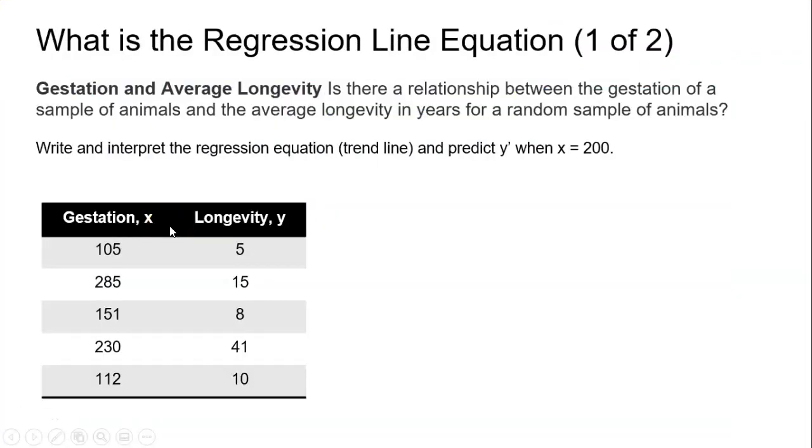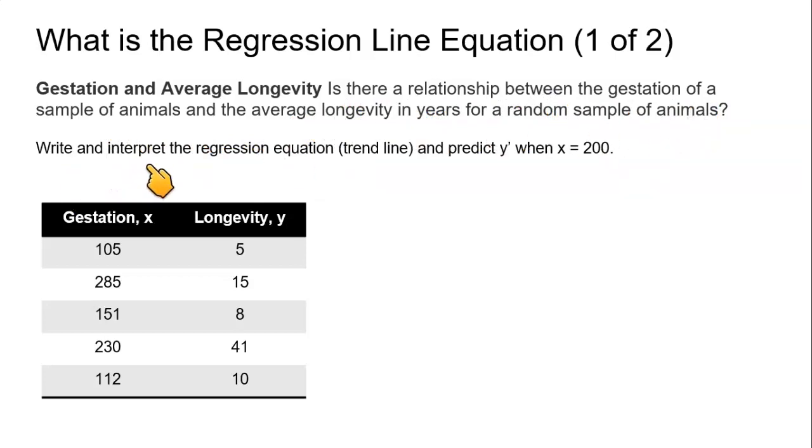So I want to actually use the same two examples that we talked about previously, because we've already talked about their correlation. We found their correlation value, so then we can talk about how accurate the trend line is based on that correlation. So, same data as before with the gestation and the longevity, and we even have the same question: is there a linear relationship between the gestation of a sample of animals and the average longevity?